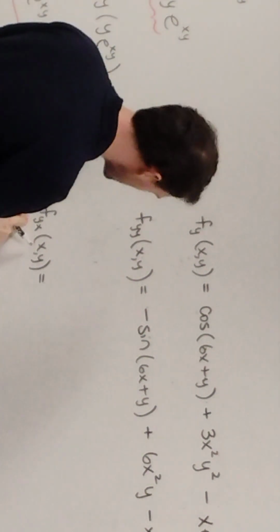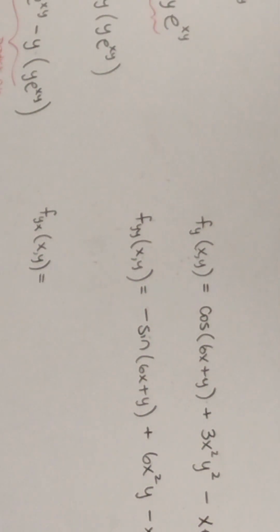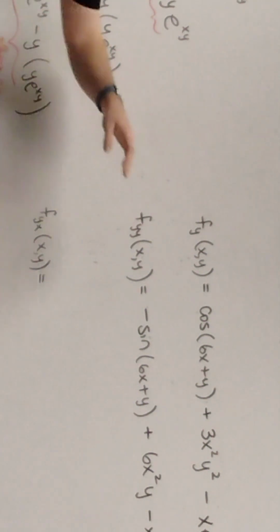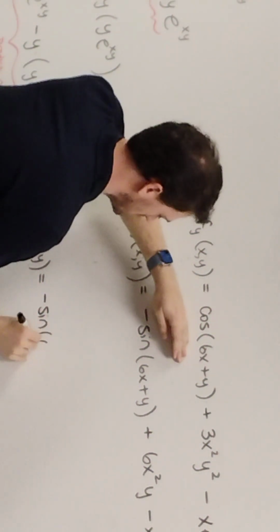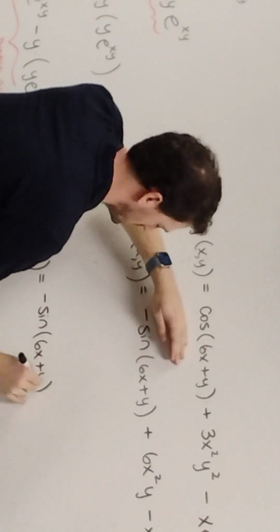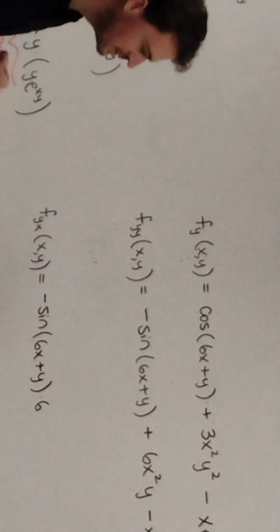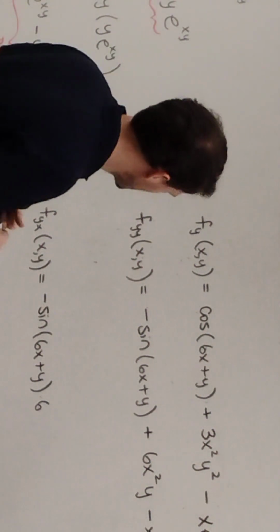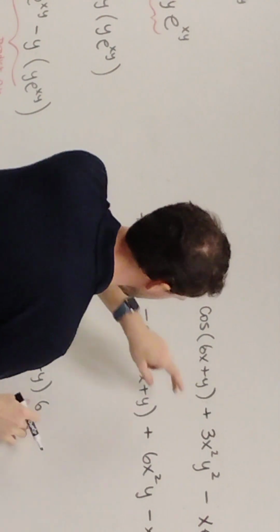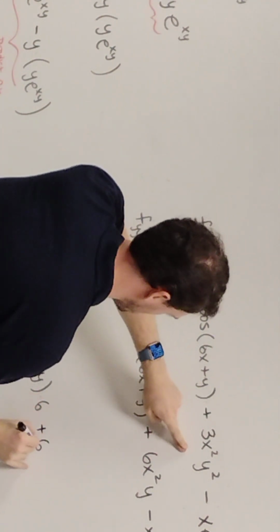Then lastly, the derivative of y and then x. That'll be negative sine of 6x plus y times 6.